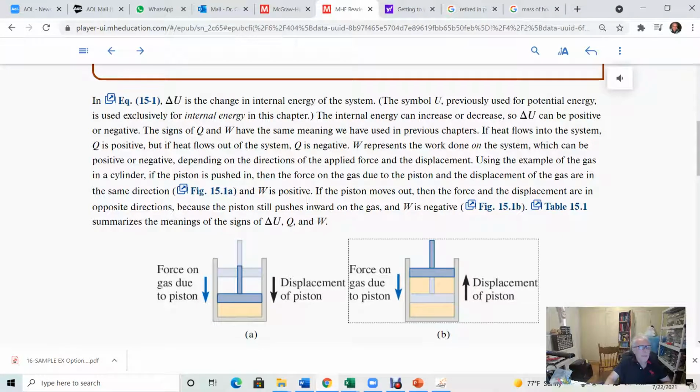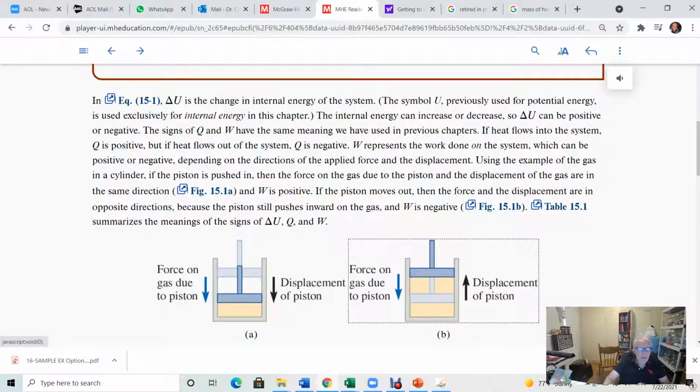If a gas is expanding like this one right here, gaining space, we say that the work done by the system is positive and the work done on the environment, which is becoming smaller, is negative.